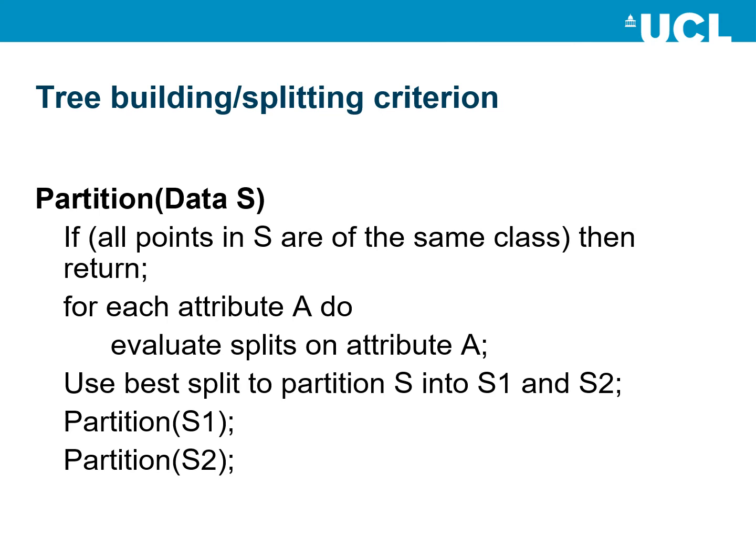What is a best split? A best split could possibly be defined by the purity measurement, entropy, or Gini index. Once you have done these splits, you recursively call the function again. Partition on subset S1, partition on subset S2, and so on.